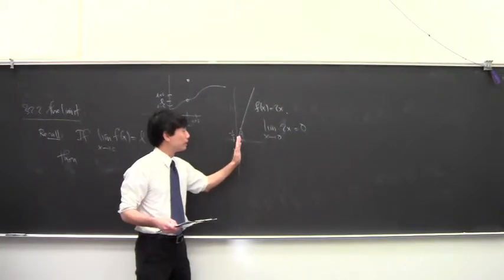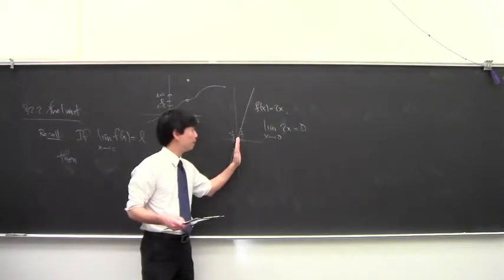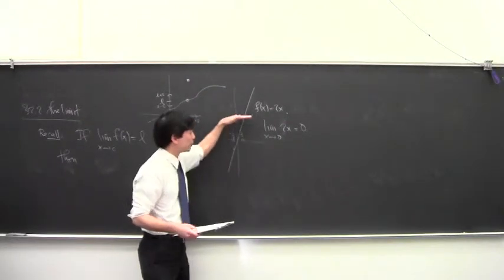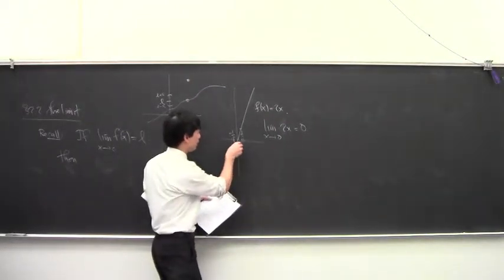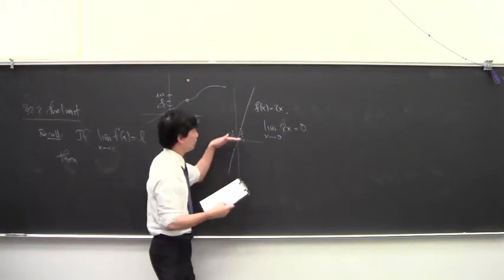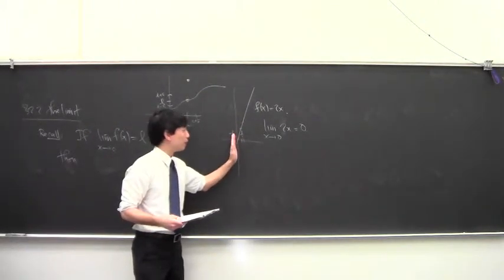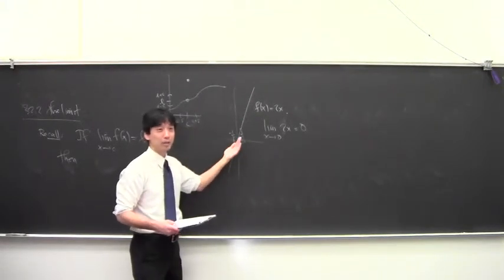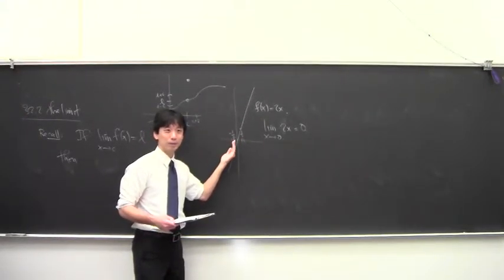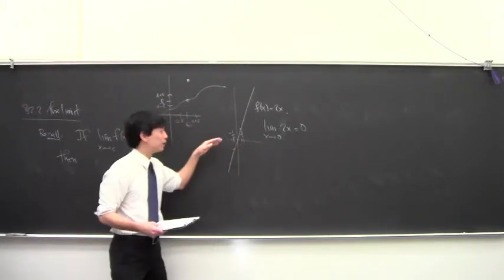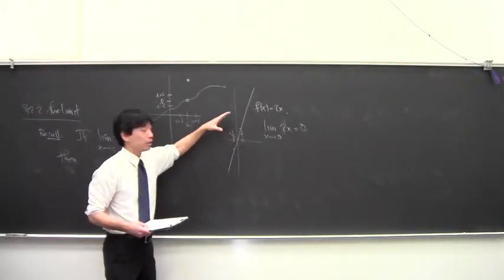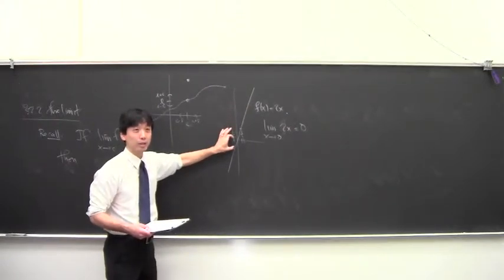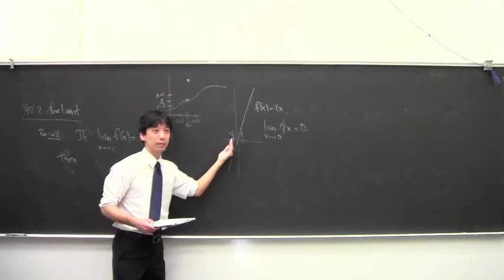Sorry. Suppose somebody says, I'd like you to stay within 2 of 0. How close do the inputs have to be? If you want the outputs to stay within 2 of 0, the inputs have to stay within 1 of 0. No matter what constraint is put on you, you can find a place where that constraint is satisfied.